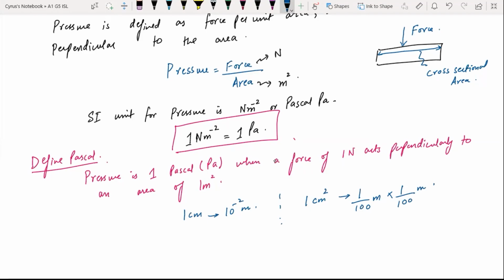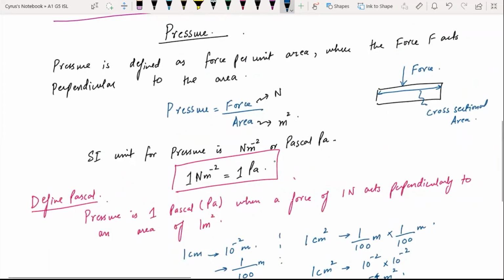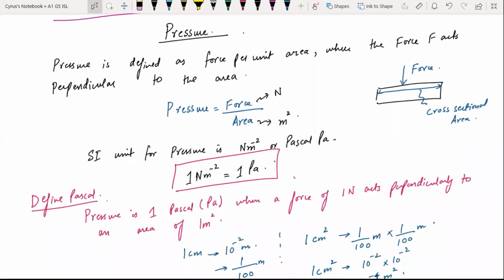Because 1 centimeter 1/100 meter के equal होता है ना. So 1 centimeter square can be written as 10 raised to power minus 4 meters square. Sometimes you will have to convert from centimeter square to meter square in the questions. तो ये आपके पास है pressure, simple pressure, right?